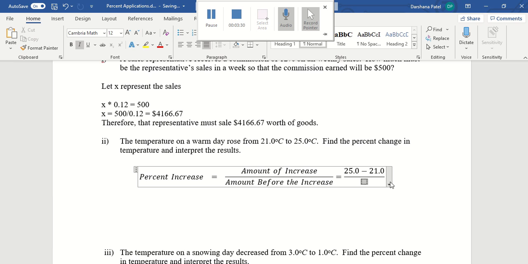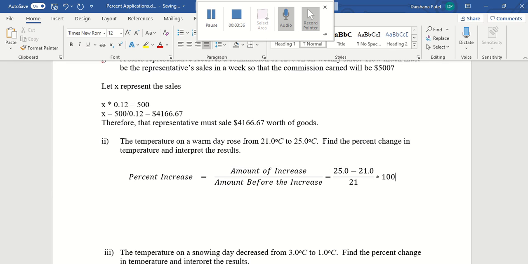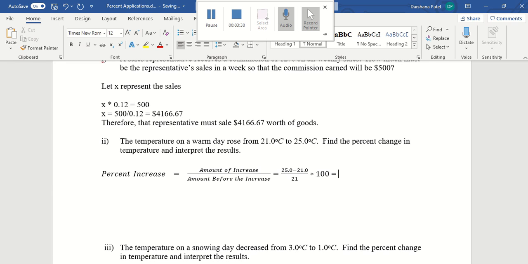and the amount we will get will be in decimal. So we'll have to multiply by 100 to convert that into percent. So we will get 19.05, rounding to two decimals, 19.05%.